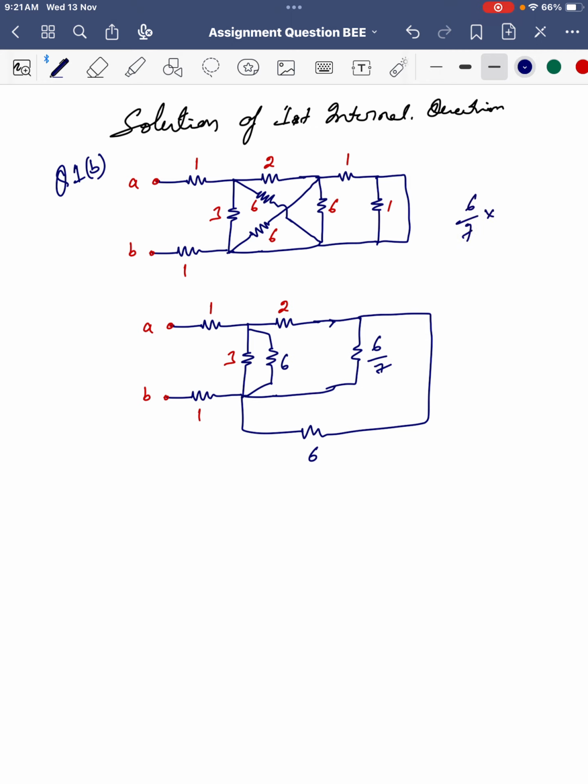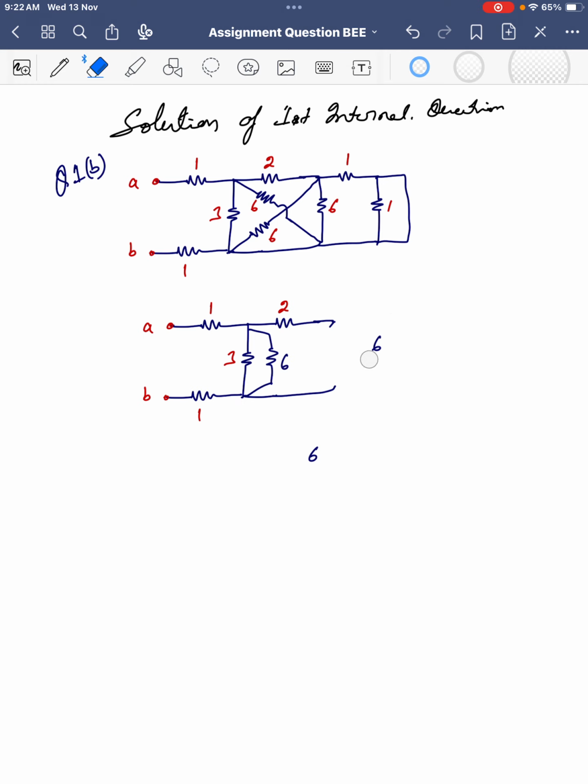So we can calculate the parallel resistance, 6 by 7 into 6, so here it will be 36 by 42 plus 6, right? So this will be 3 by 4 ultimately.